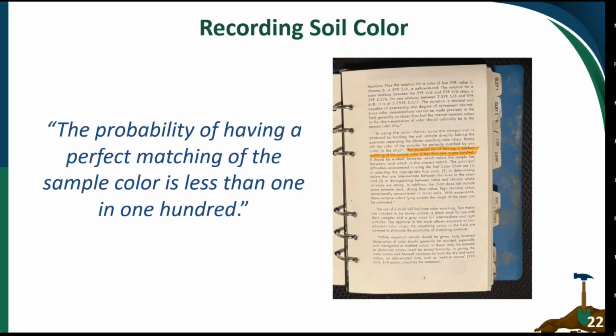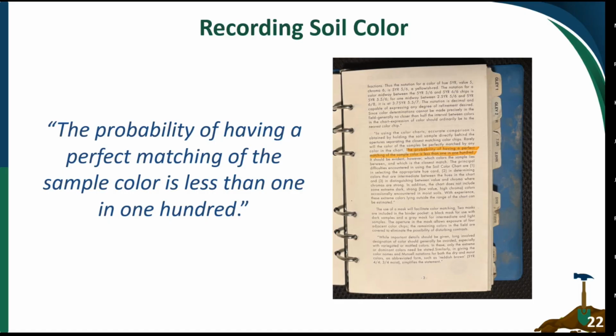There's one particular statement that has always stood out to me, and that's this quote right here: the probability of having a perfect match of the sample color is less than 1 in 100. That means that almost all the time, you don't have a perfect match, and you may have to make interpolations about the placement of the soil in relation to the color chart.